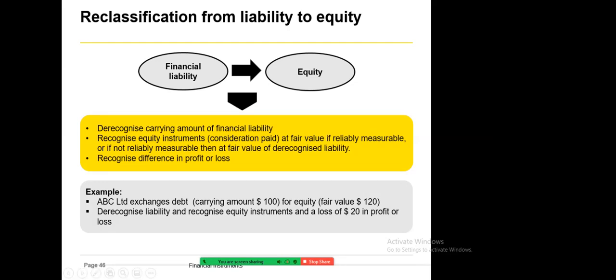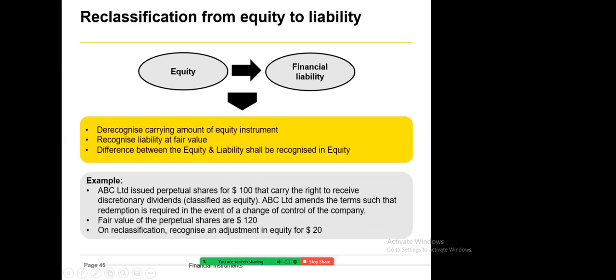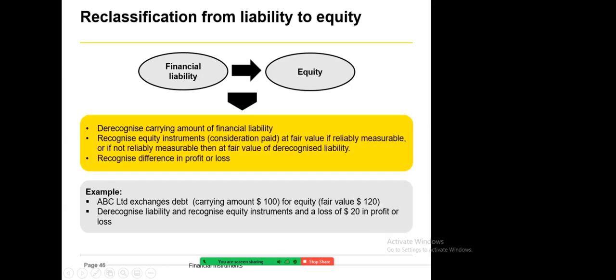The difference between the carrying amount of the financial liability and the amount you are recognizing for the equity instrument will go to P&L. So when you were reclassifying from equity to liability, you were taking the difference into equity. But when you are reclassifying from liability to equity, your difference will go to P&L.